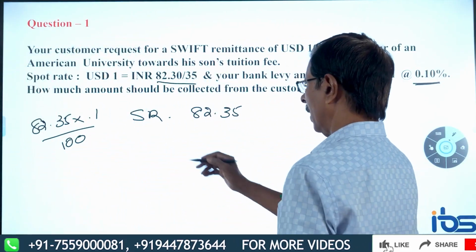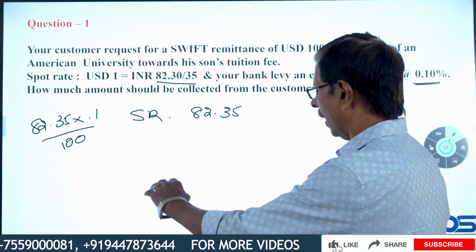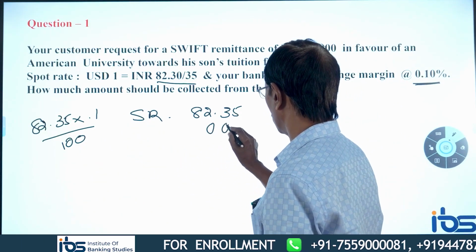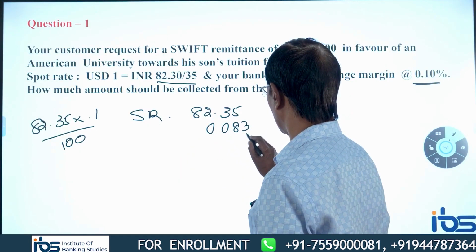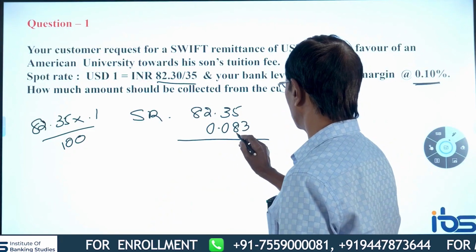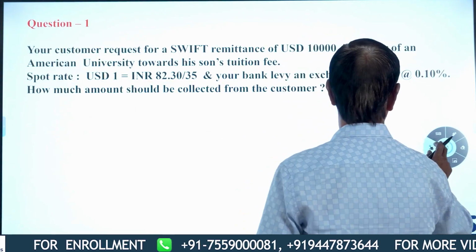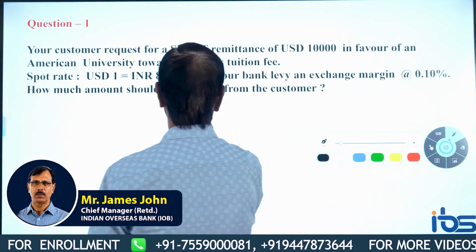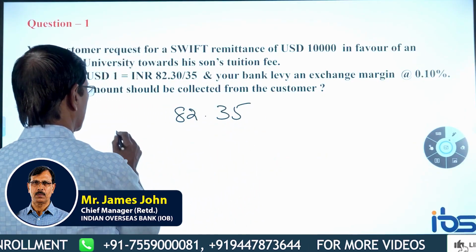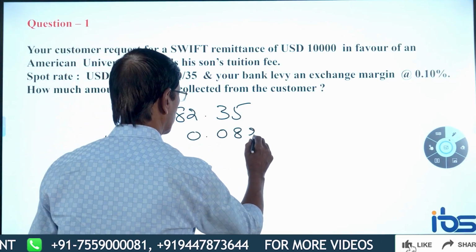Otherwise, you can also easily calculate by moving the decimal to the left by 3 places. So the selling rate is 82.35 and the exchange margin is 0.0823.